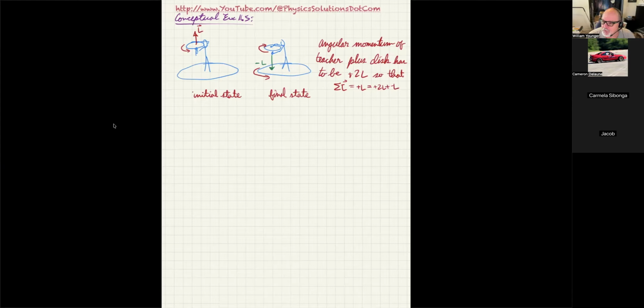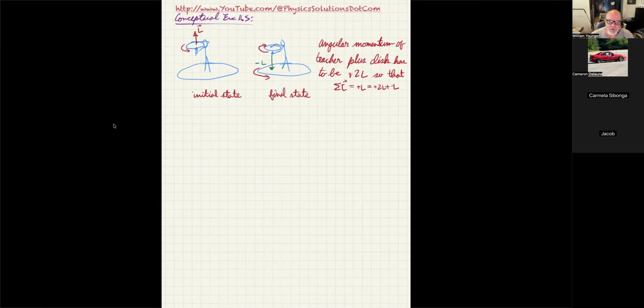Now, L is supposed to be r cross p. We learned that in the first day of chapter 11. The radius vector that points from O to the point at which the particle is moving is the vector r, and then the particle has a linear momentum m times v, which is p. So r cross p is our angular momentum.